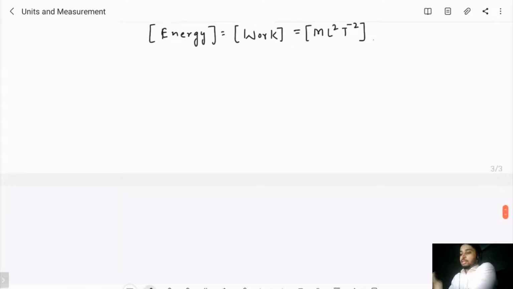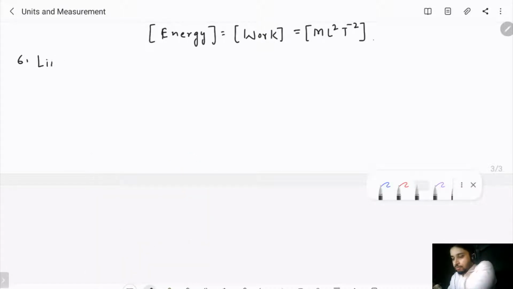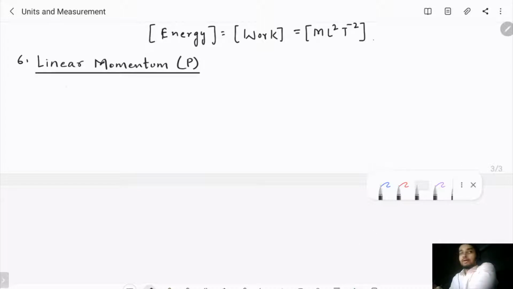So after energy, let us see linear momentum. Linear momentum is represented by P. And the formula for linear momentum is basically mass into velocity.